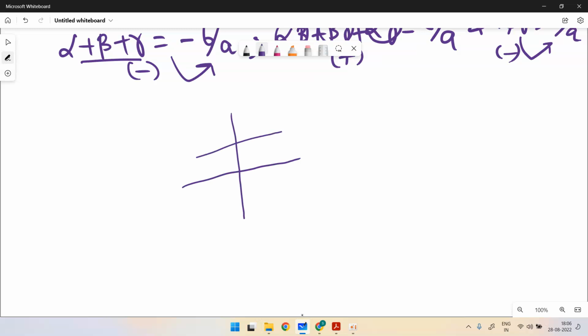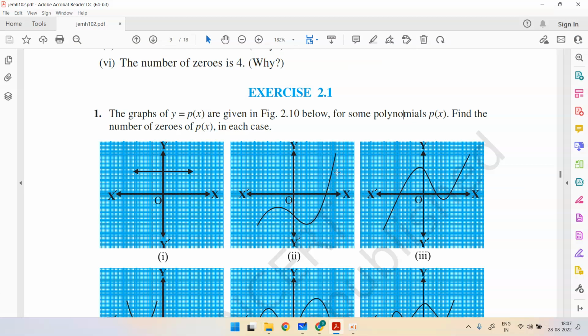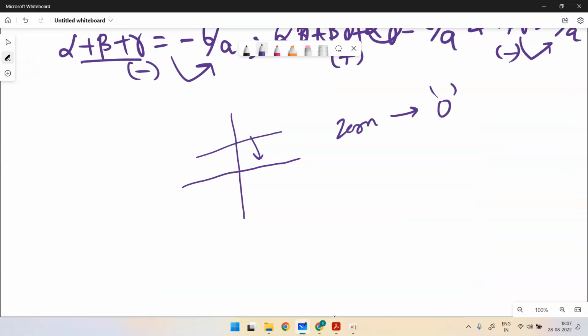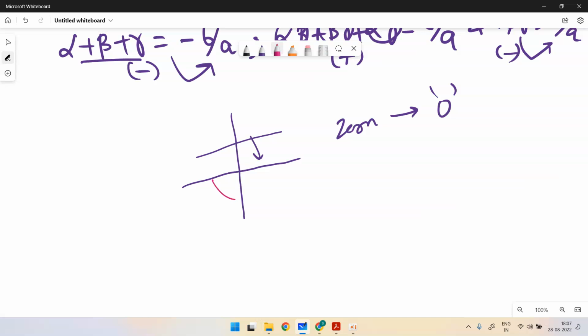This never intersects the x-axis at any point, so the number of zeros is 0. Now for the second, this intersects the x-axis at only 1 point, so the number of zeros of this polynomial will be 1.